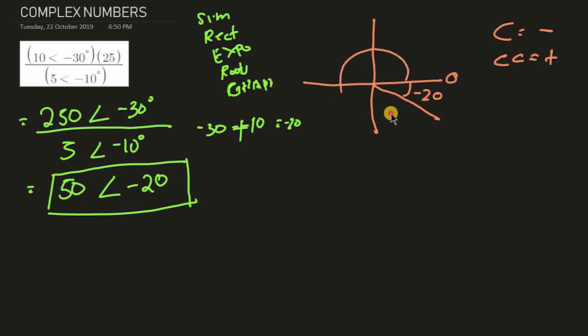Ibig sabihin, this is 180 plus 90, that's 270. So, 270 plus, this is 90 minus 20 is 70. So, yung natirang angle na to is 90 minus 20, which is 70. So, 270 plus 70 is 340. So, your positive angle here is also the same as 50 angle 340 degrees.